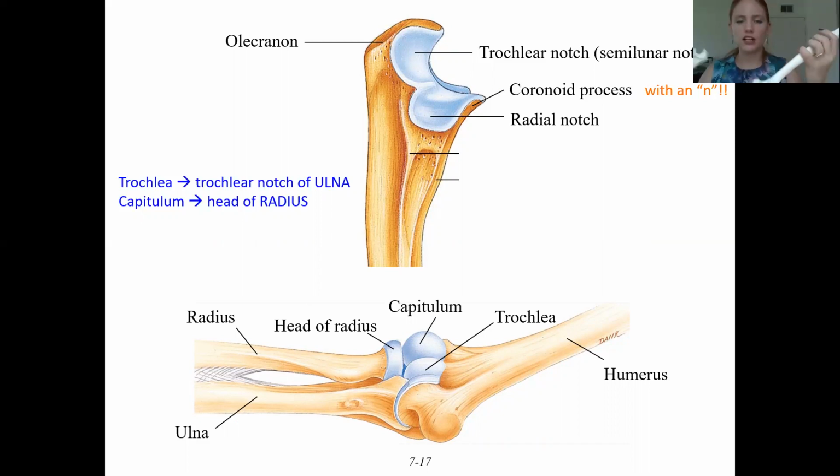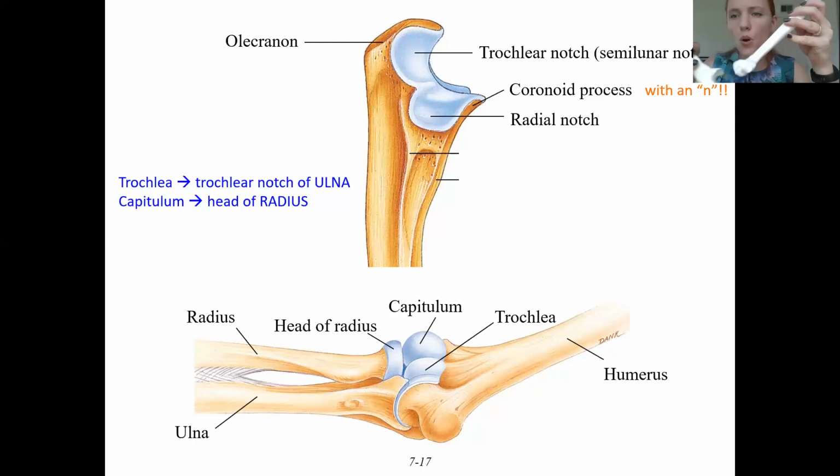But when you think about that hinge joint that's created between the articulation of the ulna and the trochlea, when it's straight, the olecranon is going to be in the olecranon fossa. But when your elbow is bent, you also need a place for the coronoid process to go.